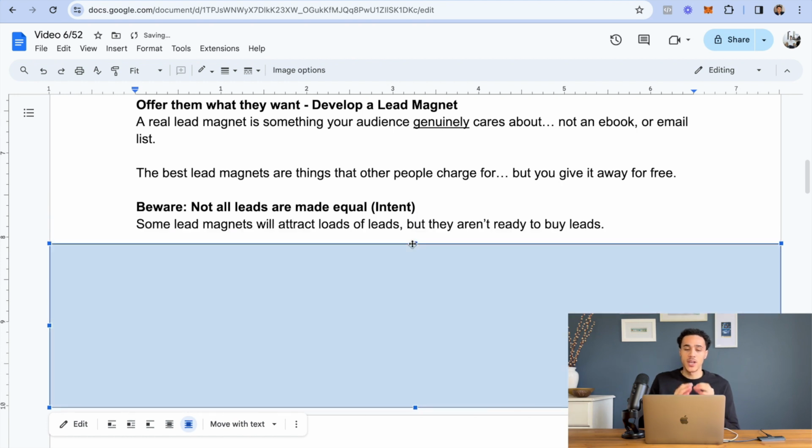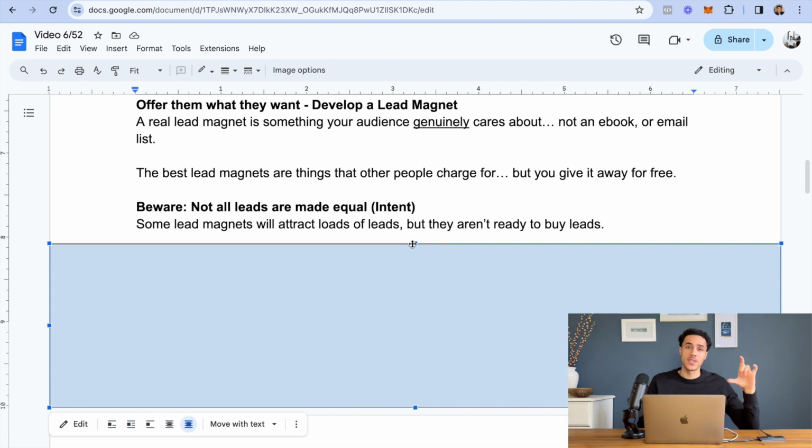Okay, so some lead magnets will attract loads of leads, but they aren't ready-to-buy leads. Very, very important thing to note. So for our example, an e-learning business, learning how to sell is a lead magnet where that's not as much intent as if we made a lead magnet which was how to get a sales role.